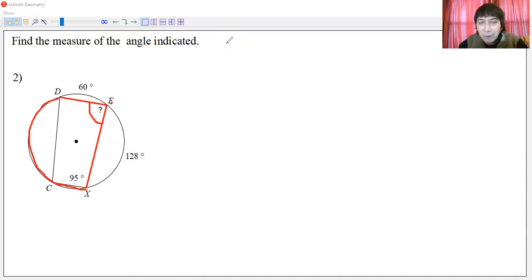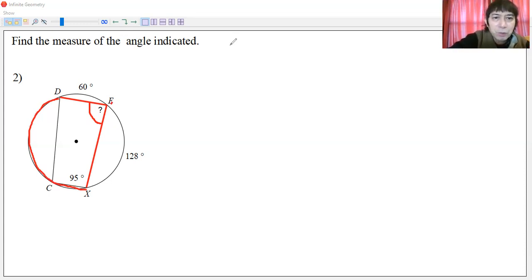And then the remaining arc will be a portion of the circle, which is one full circle, 360. So in our equation, DE is an arc, EX is an arc, and XCD is the remaining arc. If we can only get that, then we'll be able to solve the angle with a question mark. All right, so this is how we solve it.